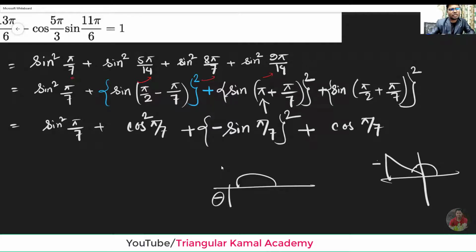In the second quadrant the opposite side is plus, the hypotenuse is also plus, so opposite by hypotenuse, plus divided by plus equals plus. That's why this is positive, so directly we can give square. So now the first step of simplification is done. Now we will do the next step.